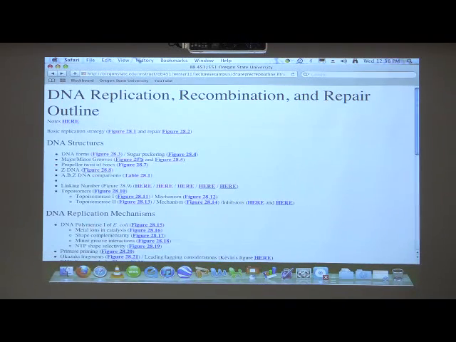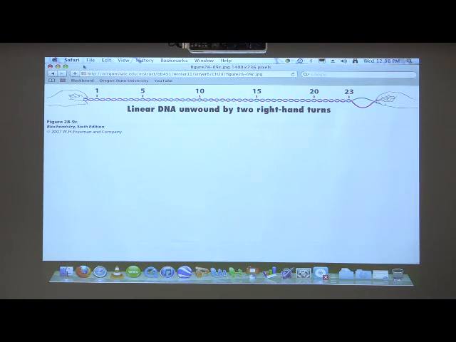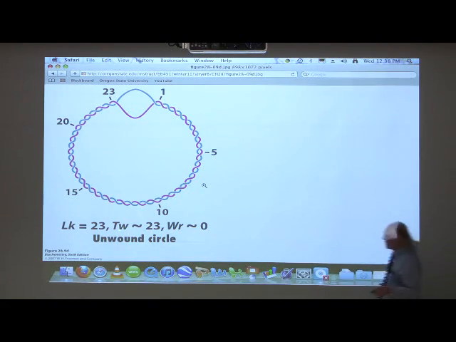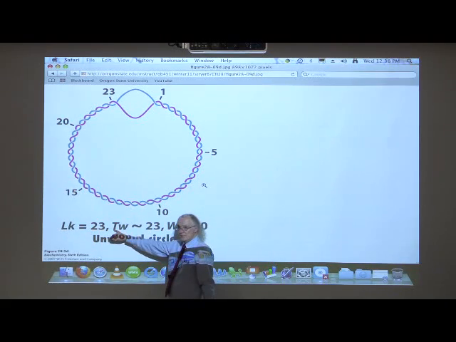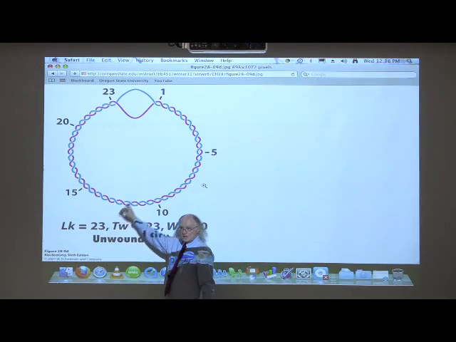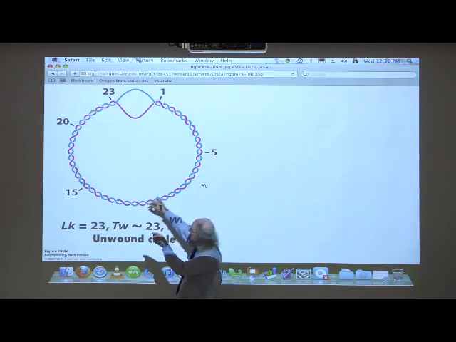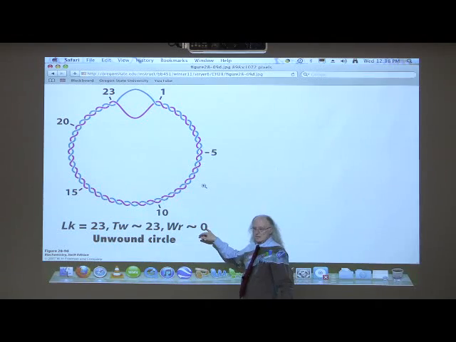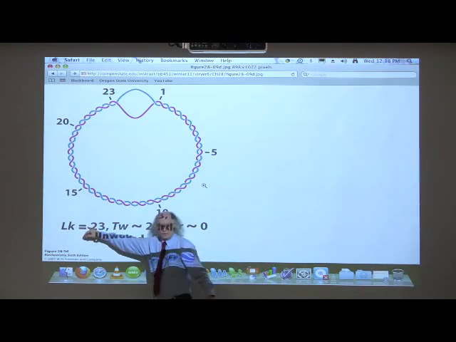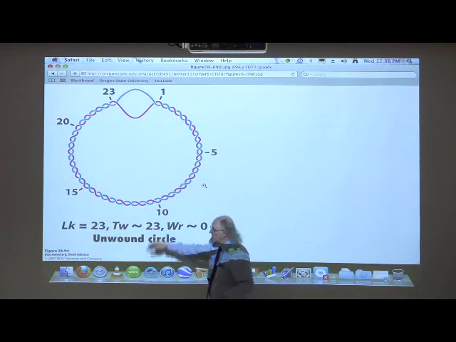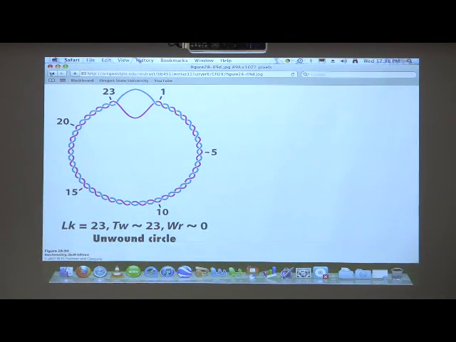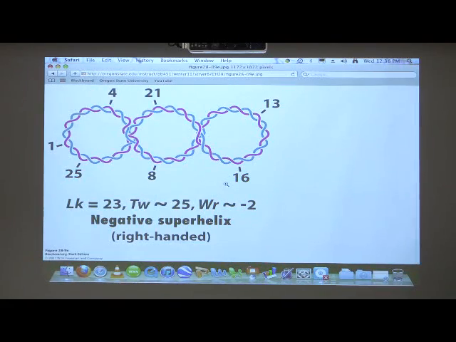On the other hand, if I untwist this guy, taking 2 twists out, I now have gone to 23. This guy is under tension, but it still hasn't rearranged itself, so it hasn't writhed yet, which means the linking number 23 must be the same as the twist plus the writhe. All right. Now, because it's under tension, it rearranges itself.